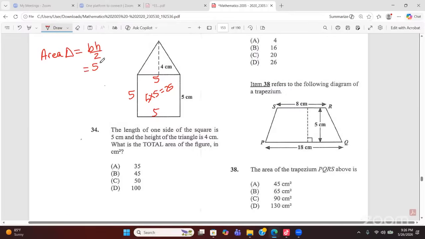The height is 4 over 2. That's 20 over 2. This is 10. So we're going to be adding the 10 plus the 25 to get the total area of the whole figure. And that's 35. I hope everybody's seen that the answer is A.